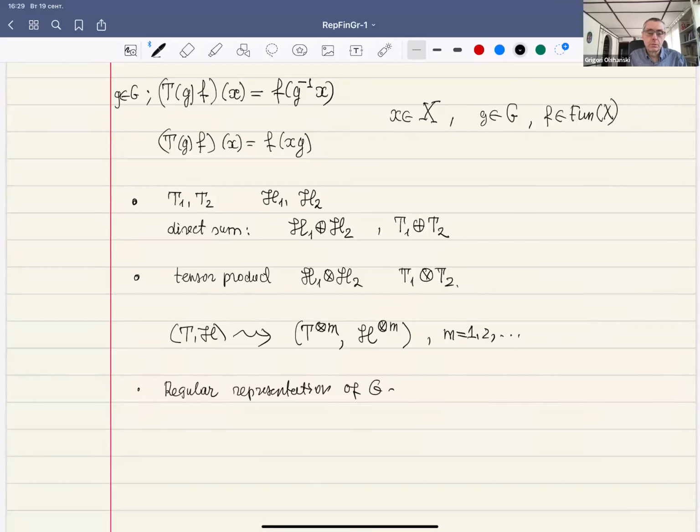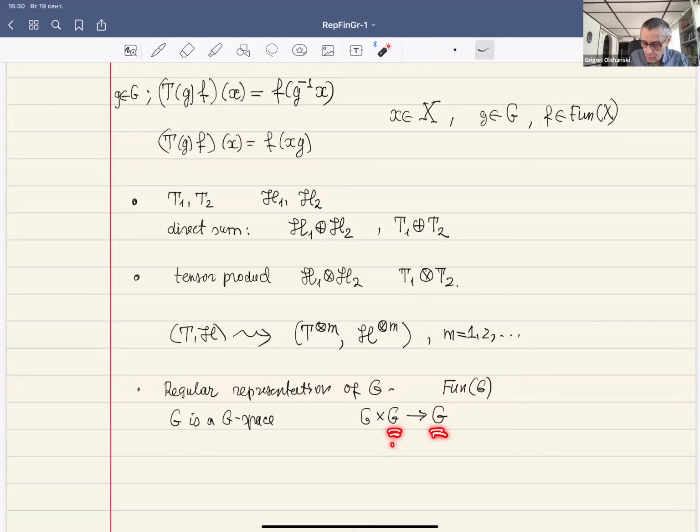Namely, we take the space of functions on G, and G itself is a G space because we have the multiplication map. So we get a left action if you view this copy as X, or we have a right action if we regard this copy as X and this one as X.